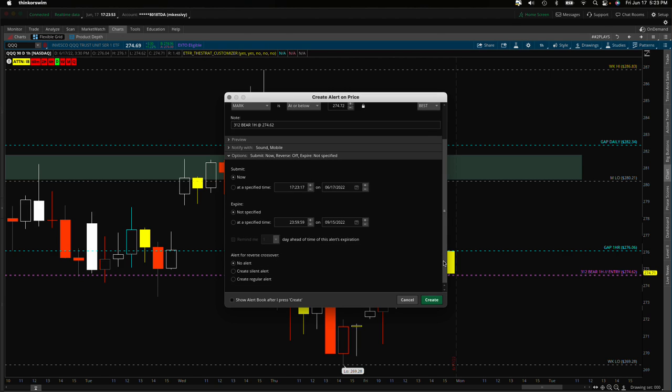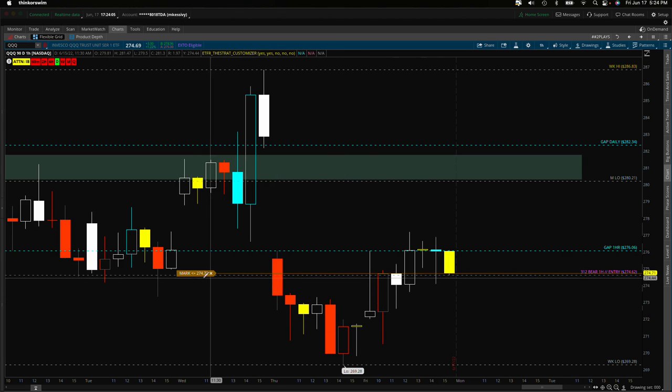We want to know about the crossover. So if price goes below this, we want to know. If price goes above this, we want to know. So we'll create a regular alert down here for the reverse crossover. Click create. So now we can see our alert showed up.